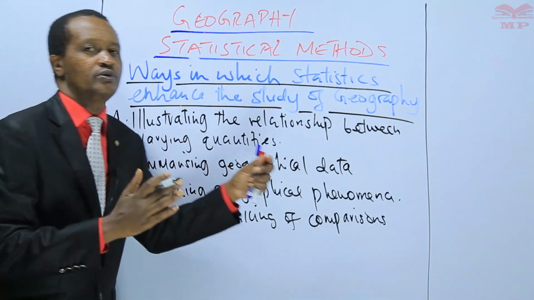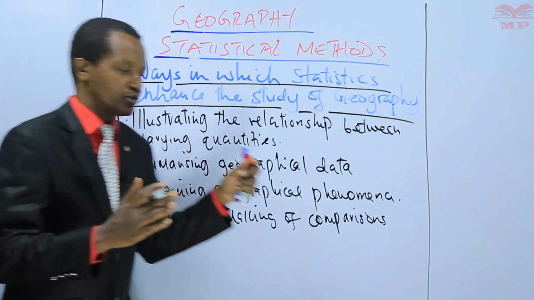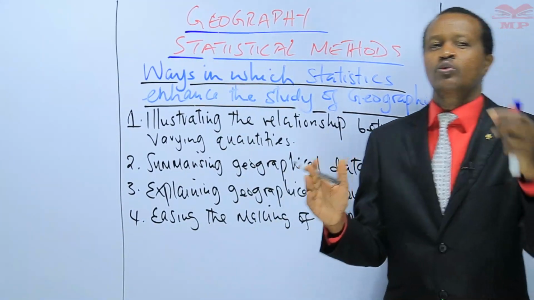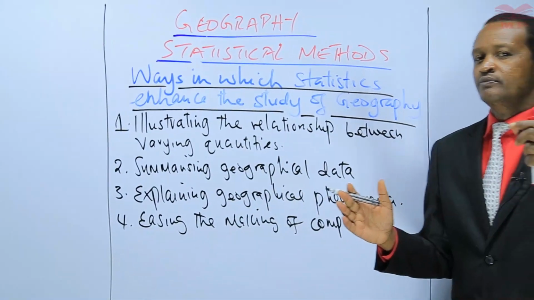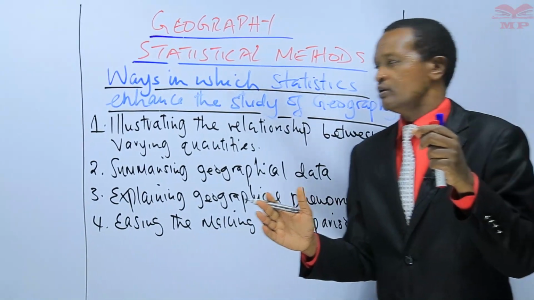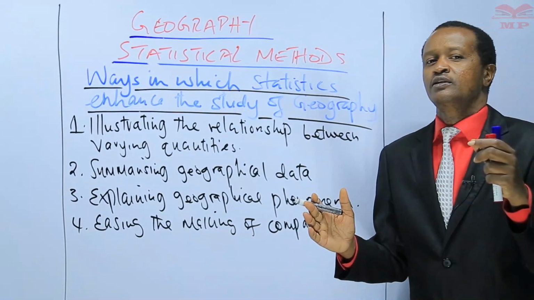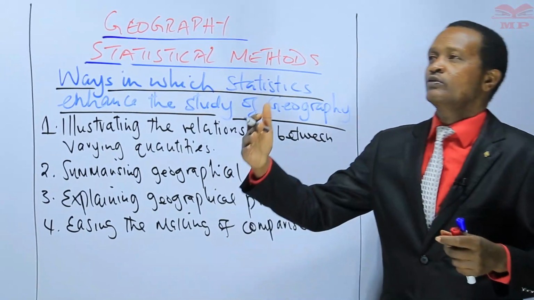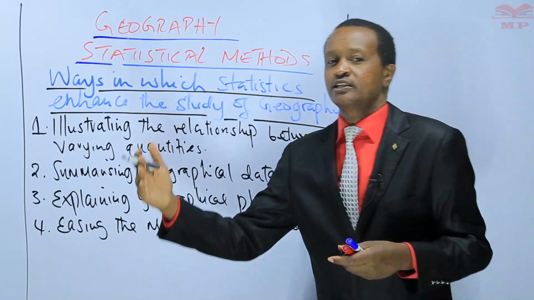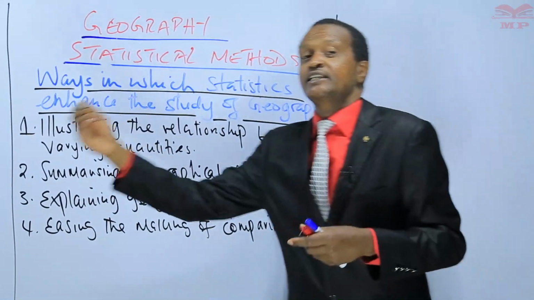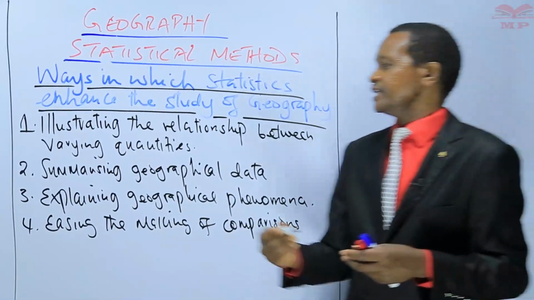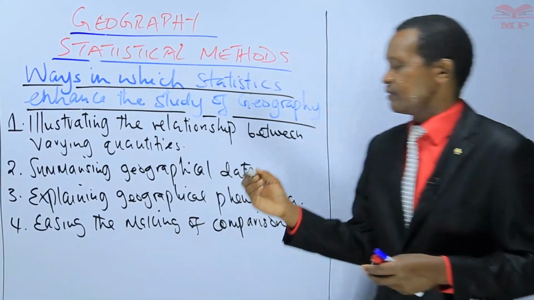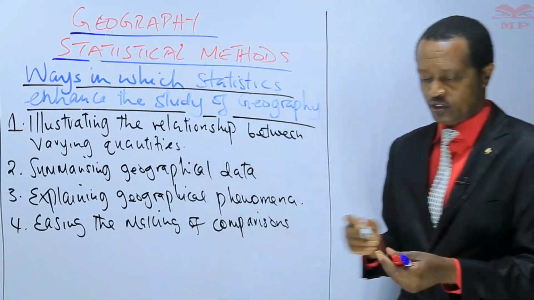Okay, for example, example of areas. Learners, we can say that one can confidently and easily state which part of the country has the largest number of people after conducting a census, because during census we get statistical data, numbers, the number of people in each area.